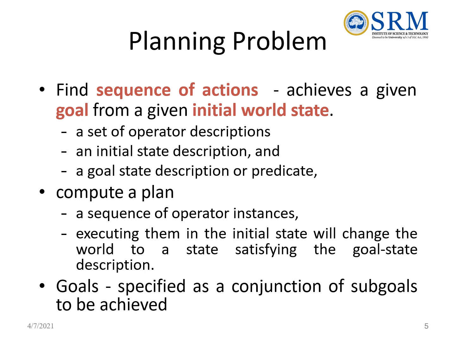First, we need to compute a plan. Plan is nothing but a sequence of operator instances, such that executing them in the initial state will change the world to a state satisfying the goal state description. Goals are specified as a conjunction of subgoals to be achieved.